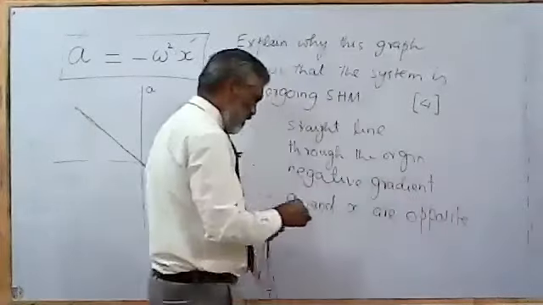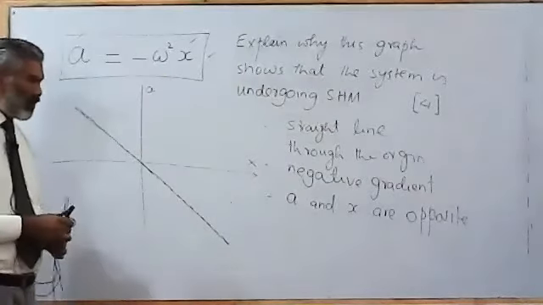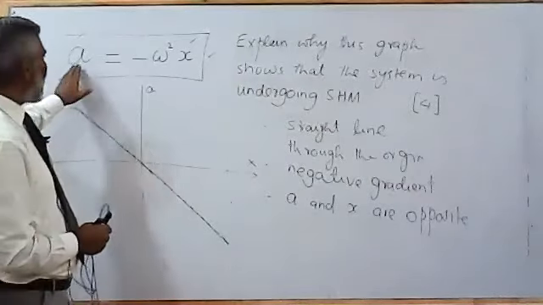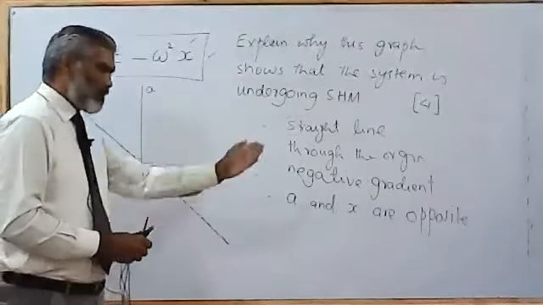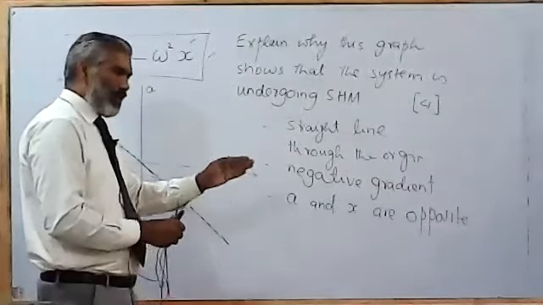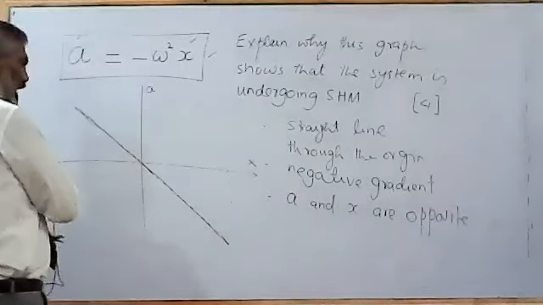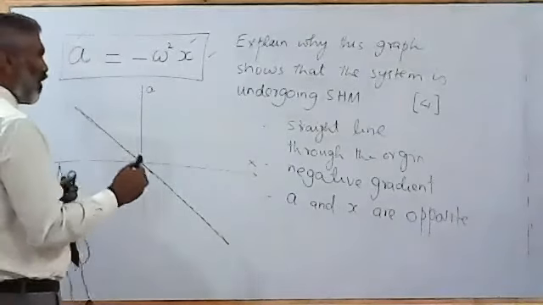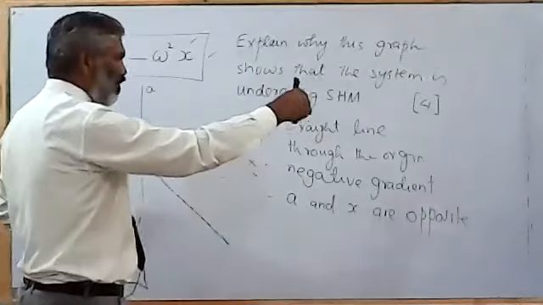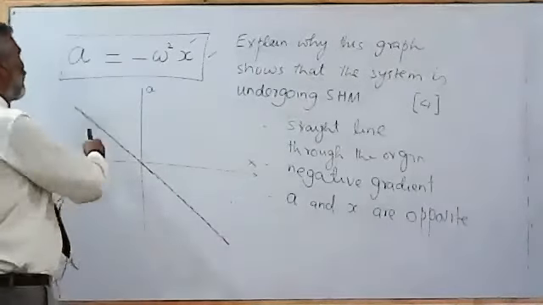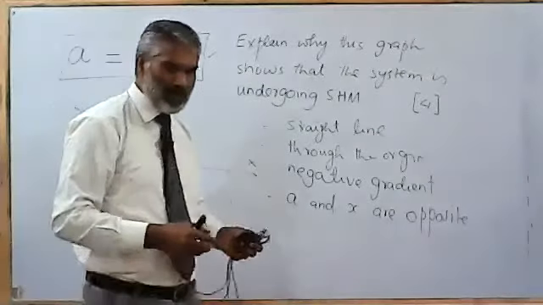As I emphasized in my discussion of this equation, when acceleration is towards the center, displacement is in this direction, and when acceleration is in this direction, x is negative. So in all the cases, whether the object is moving to the extreme or moving towards the mean position, acceleration and displacement have opposite signs in the 2 cases.